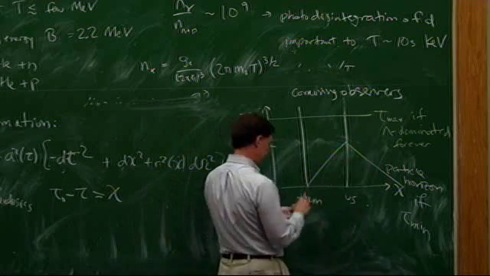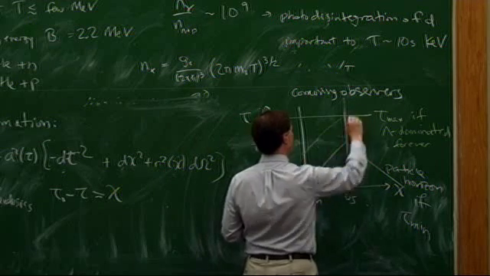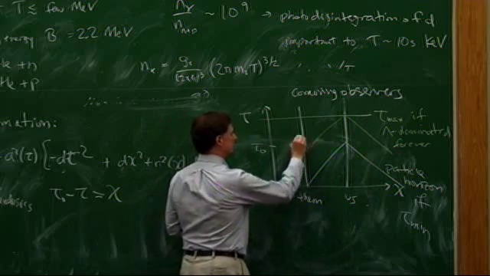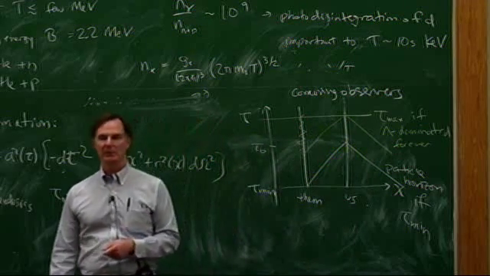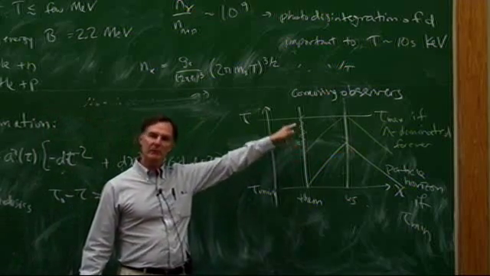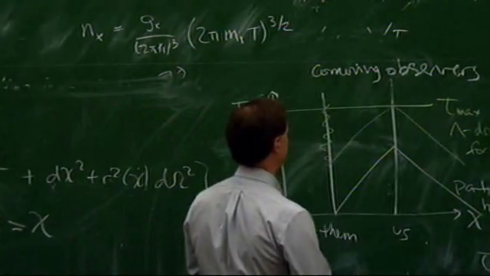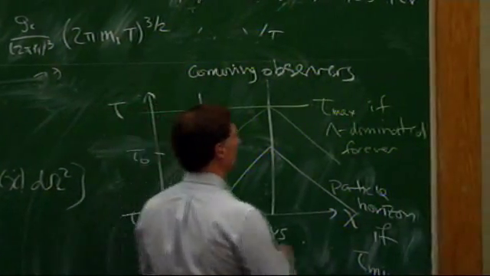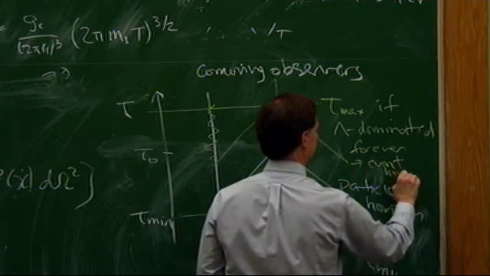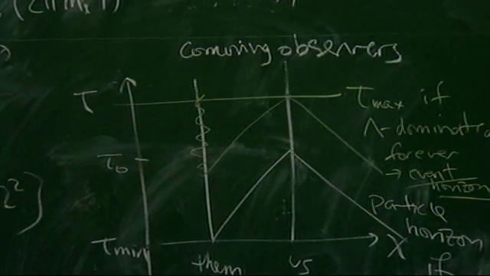So we move the past light cone up to this point, and for all of this portion of the world line, we can never see what's happening. That is called a future horizon. It's called an event horizon. So if there's a maximum tau, this gives us event horizons, which happen in a lambda-dominated universe.